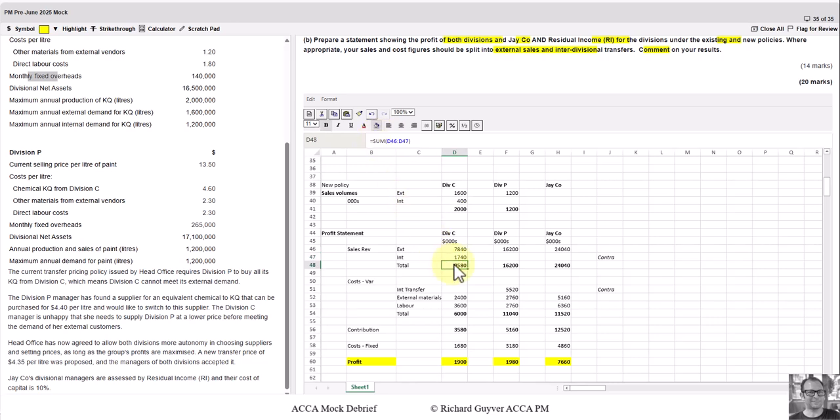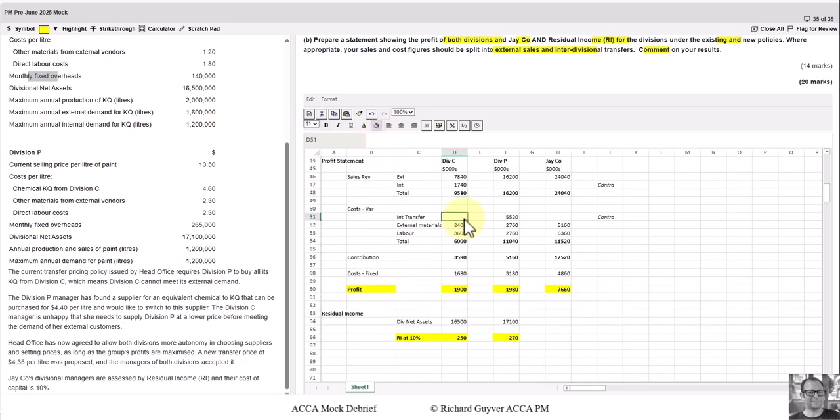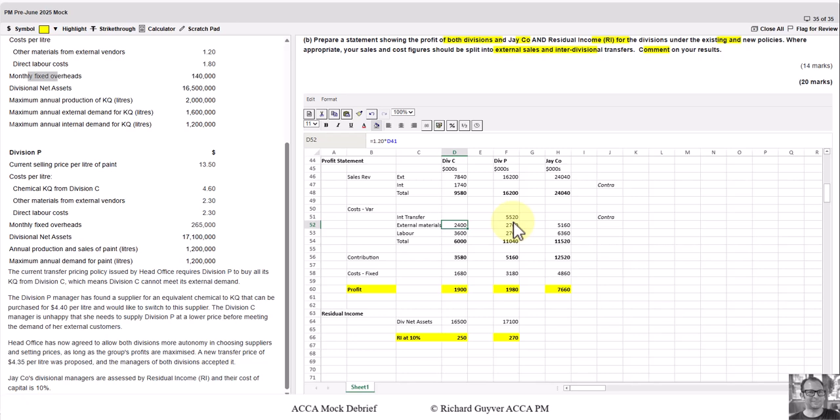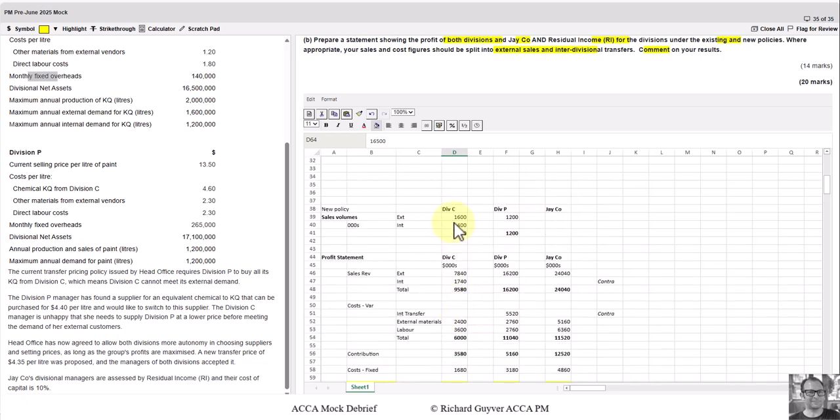The profit sorts itself out. No change here. External materials, it's still using the same materials, and obviously I picked up the 2000 anyway, so I don't need to change that. Labour hasn't changed, contribution hasn't changed, divisional net assets hasn't changed, so everything else stays the same. We just changed the volumes and the price here.